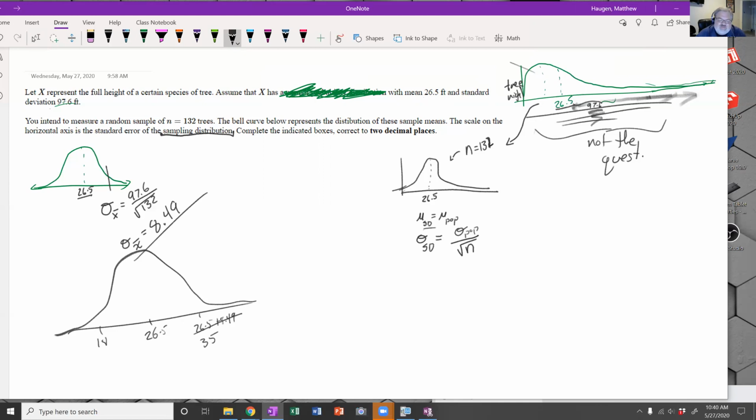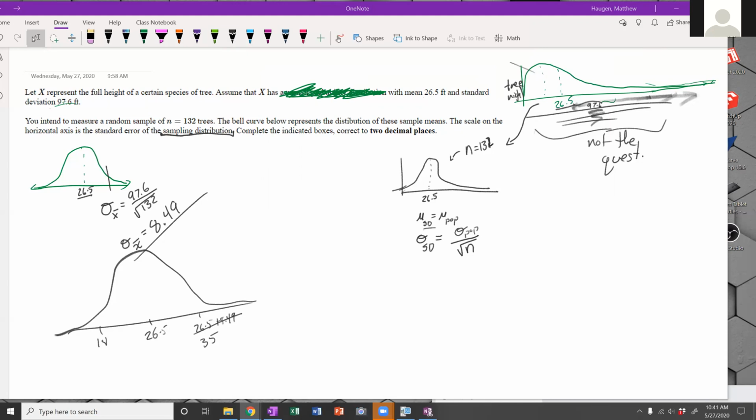So, Tessa, how do you feel about that? Good, but I just did the question, and it still says that, on the graph, when I added the 8.49 to the mean, it still says it's wrong.